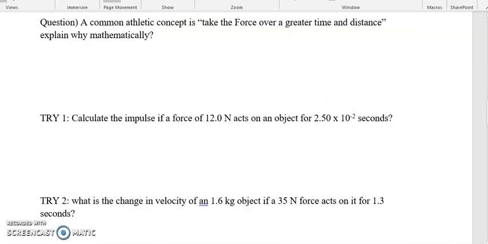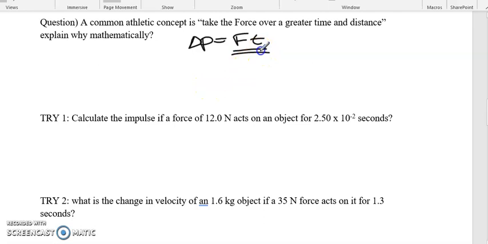So a common concept is to take the force over a greater time and distance in athletics. Explain why this is mathematically. Really, all this comes down to is that the change in momentum is the product of force and time.